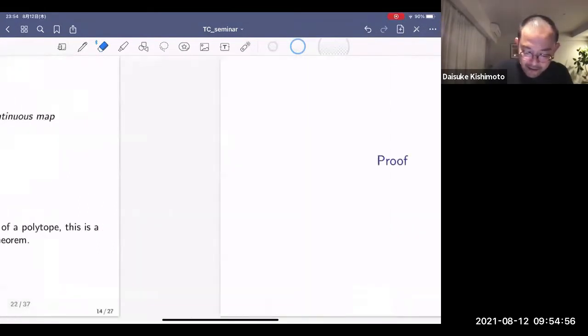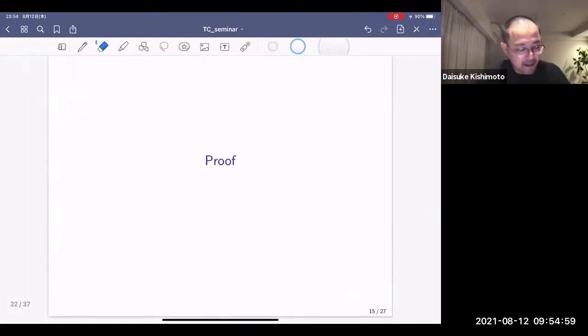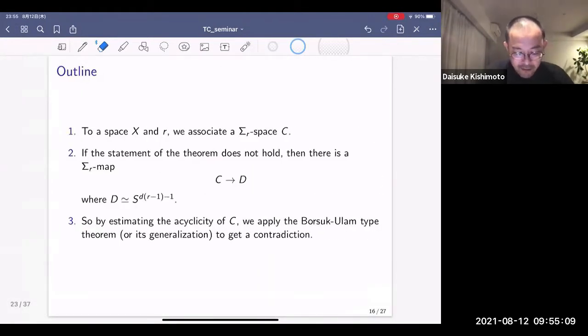All right. So let's look at the outline of the proof. The proof uses a so-called topological method in combinatorics. Here is the outline.